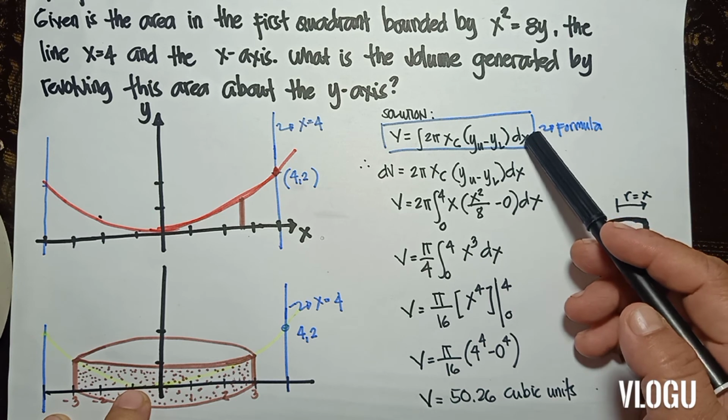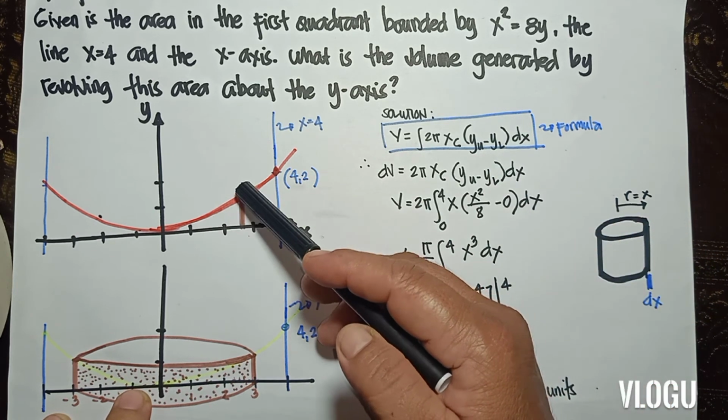We'll be using dx here because that is a vertical strip.